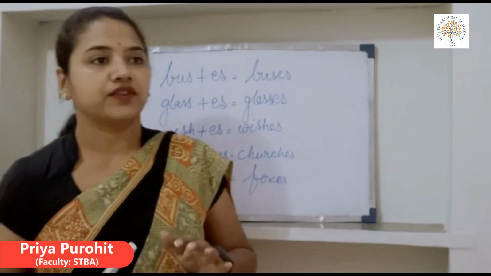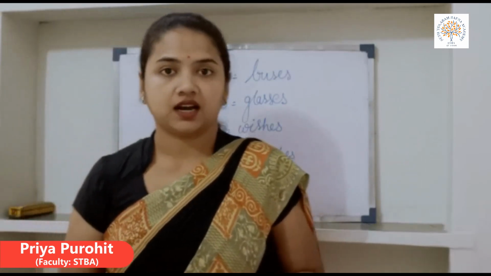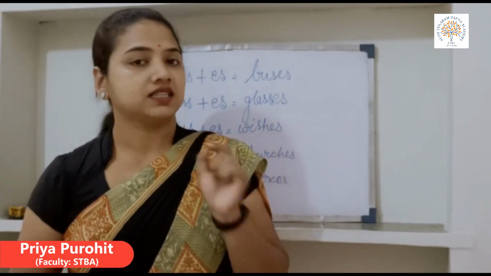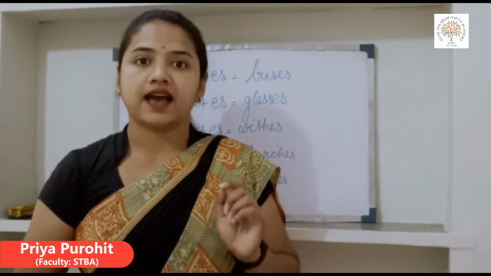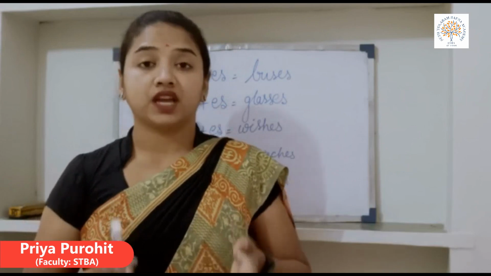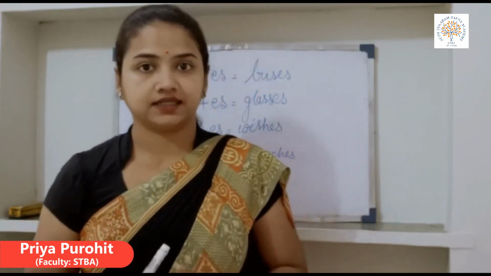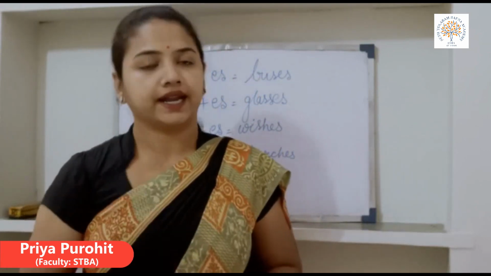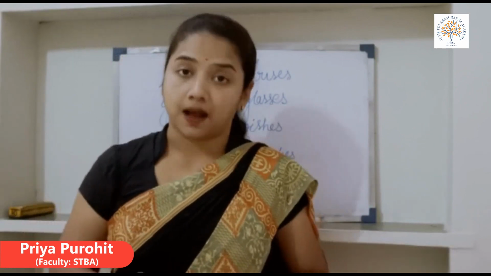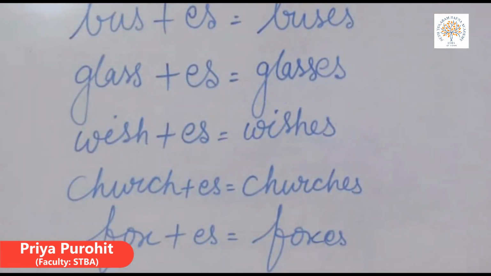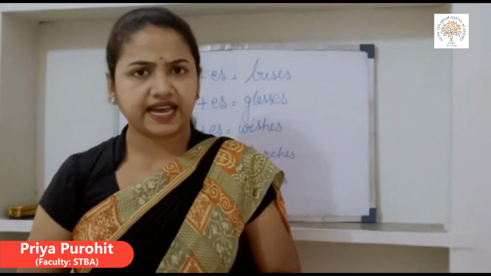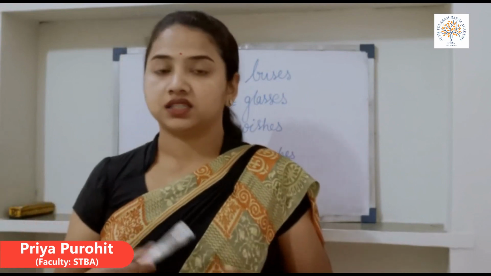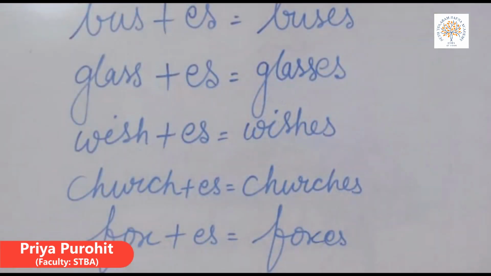In case of a noun ending with s, ss, sh, ch or x, we add es to the singular noun. Example is bus. If we add es, it becomes buses. Why do we add es? Because it ends with the s.